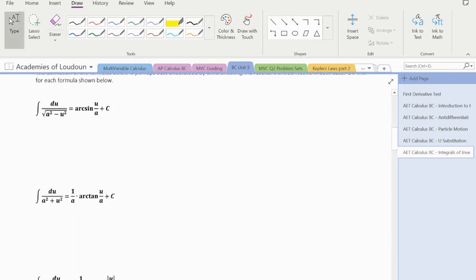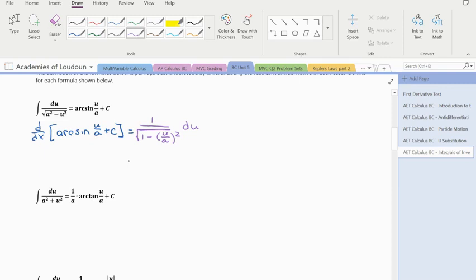So if we begin with the derivative of arc sine of u over a plus c with respect to x, it's going to give us 1 over the square root of 1 minus u over a quantity squared. And again, because u is a function of x, we're going to have du.